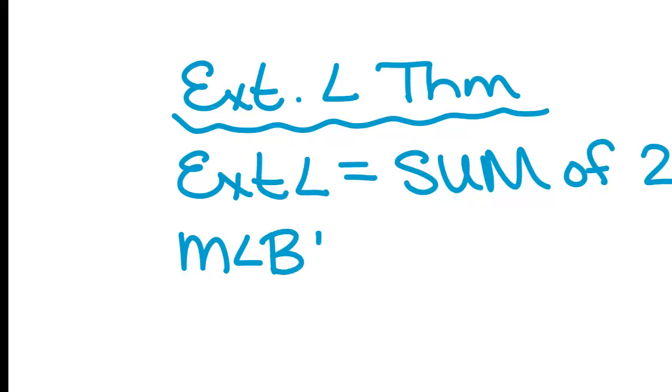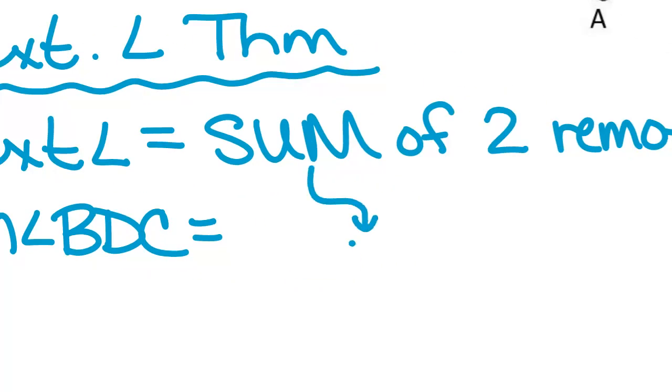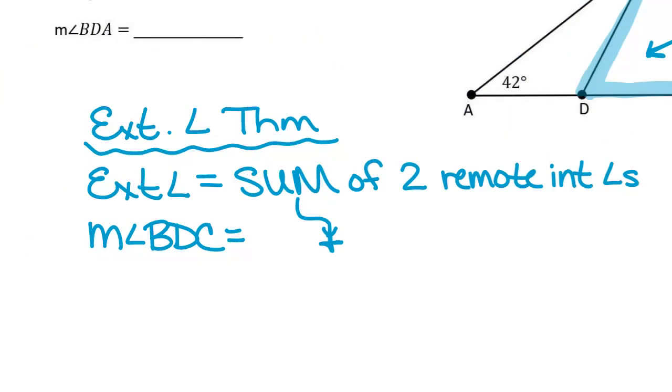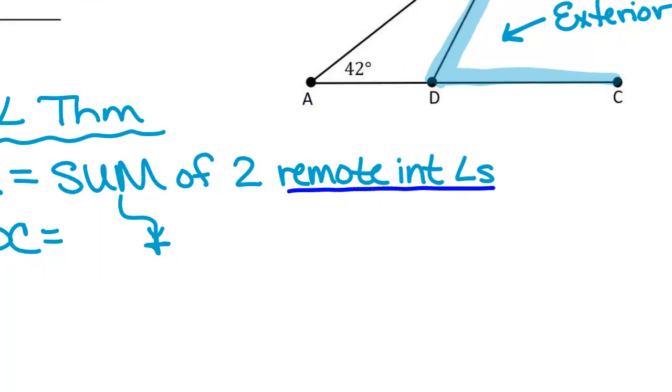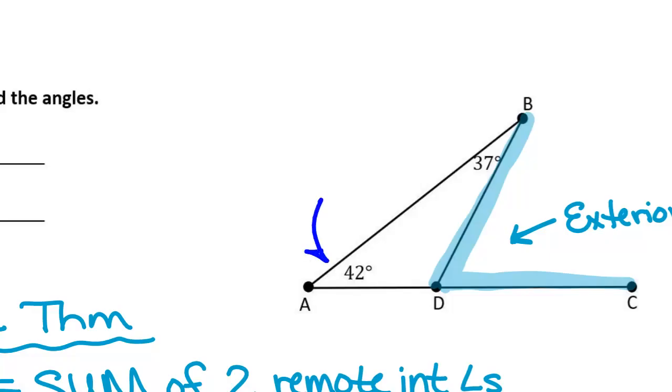So the measure of angle BDC is equal to, sum means I need to add. What are we adding? Where are my remote interior angles? Angle A. I need a sum, so I need another angle.